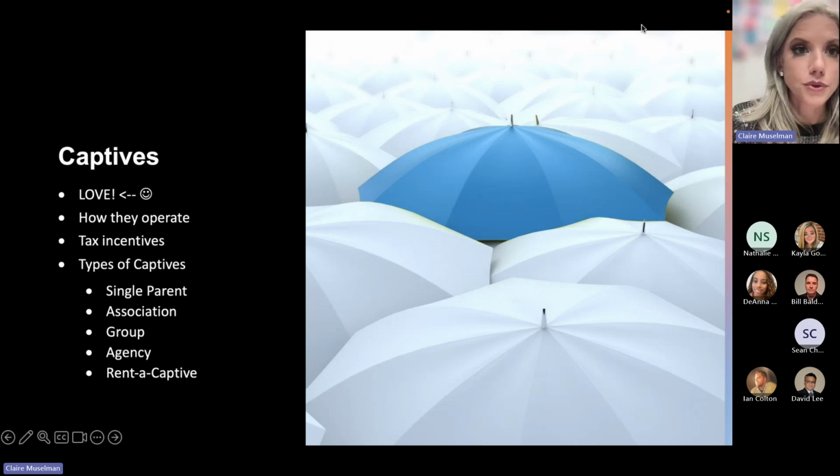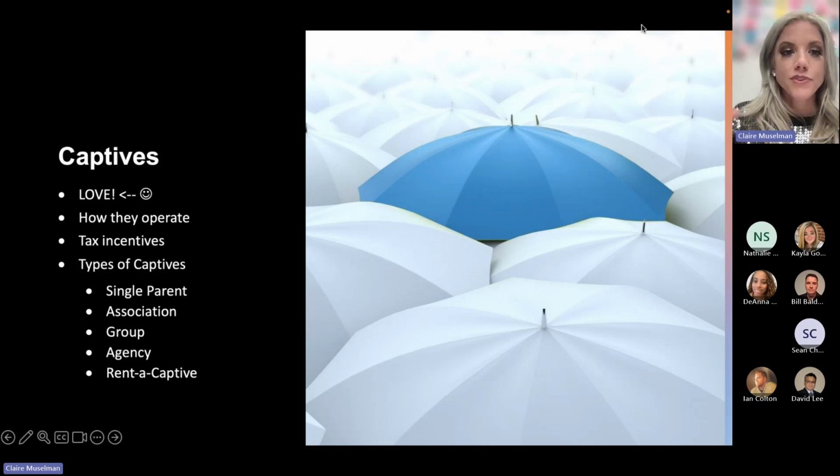If there's a few of you operating in these high risk industries, instead of paying an insurance company, you pool your risk together and it can actually be less expensive than sending it off to an insurance company. They can save on expenses, they save on premiums. There's a lot of flexibility from the financial perspective, and there are a lot of tax benefits that come into play with this.